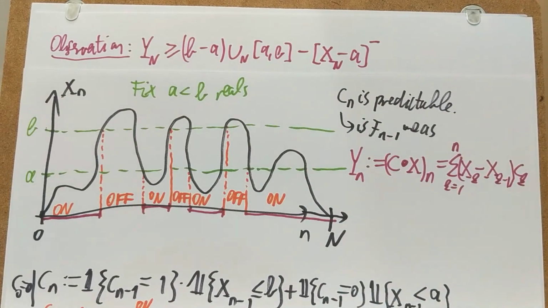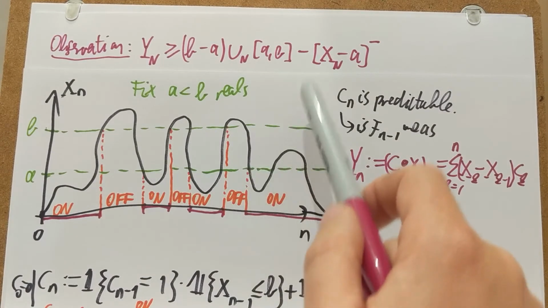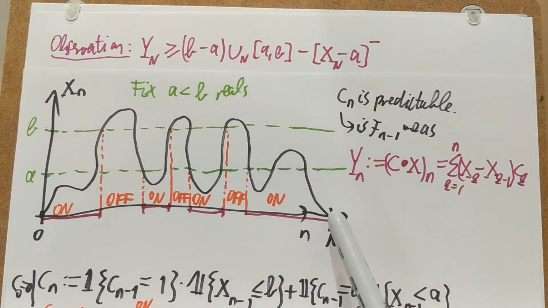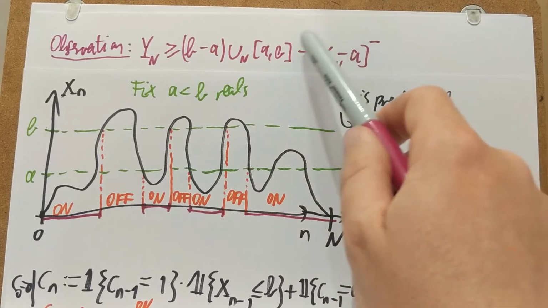Now at the end, I might have a little bit of a problem, because I turned the process C on at this point, and I might not have gone above B again, so it stays on. However, it might end up below A, and that is counted in the process Y_n. That's why I do this correction here.